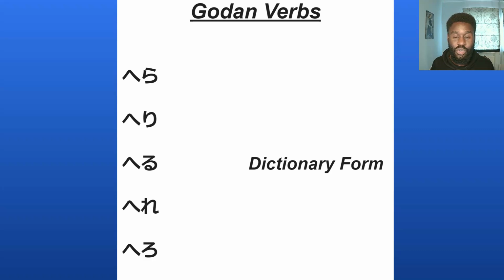In order to create the dictionary negative form, we take the first row of the verb, which is hera, and then we add nai to the end of it, and this becomes hera nai, which means to not decrease. And this is the dictionary negative form of Godan verbs.